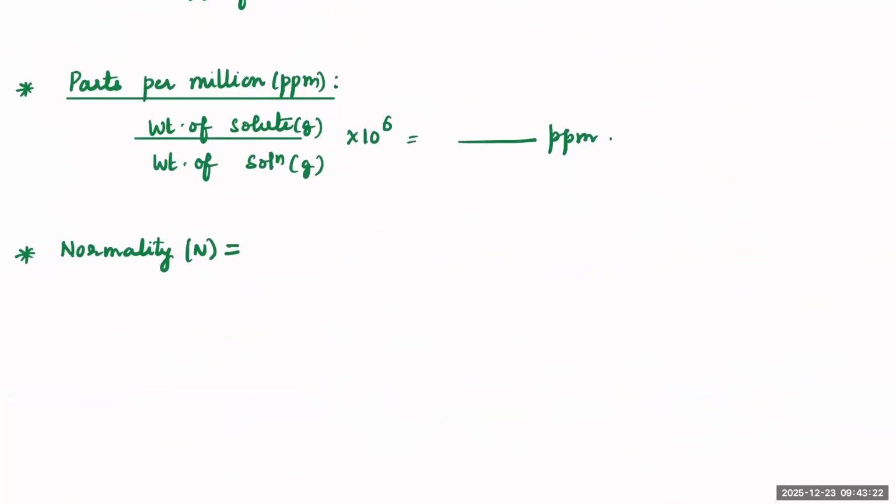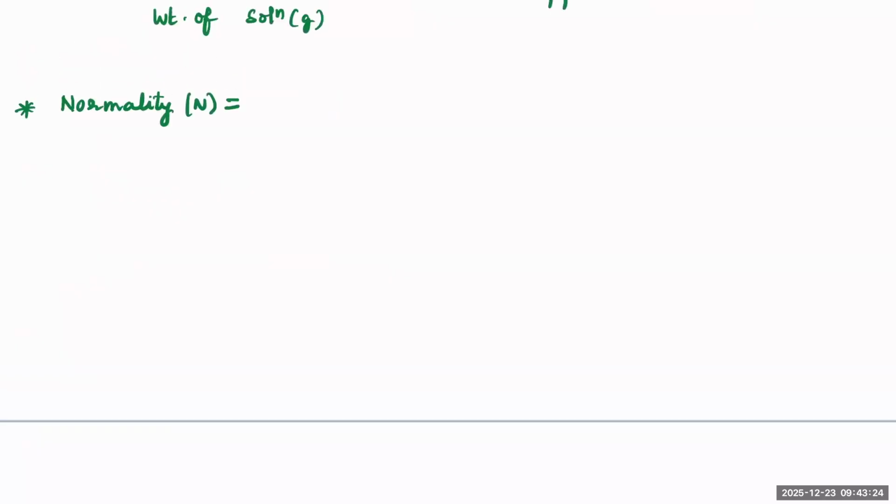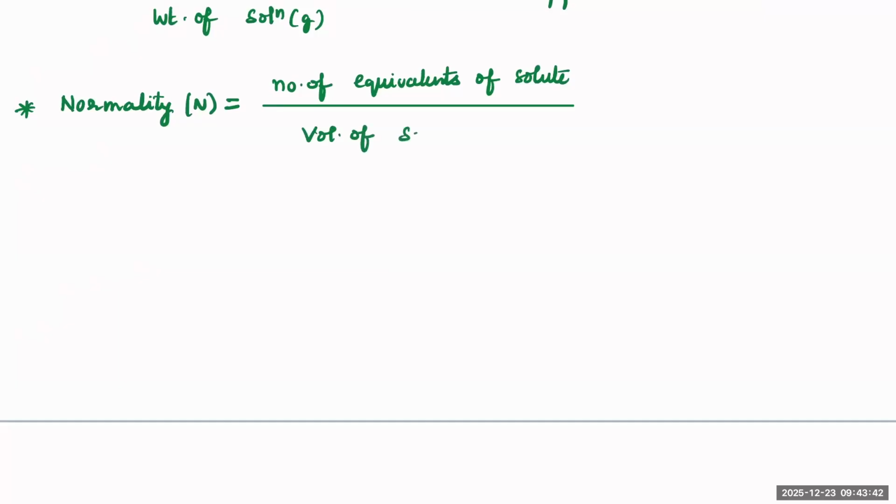While normality has only that thing different: it is the number of equivalents of solute upon the volume of solution in liters. Okay, that implies capital N is equal to the number of equivalents, EQ, divided by volume in liters. Okay.